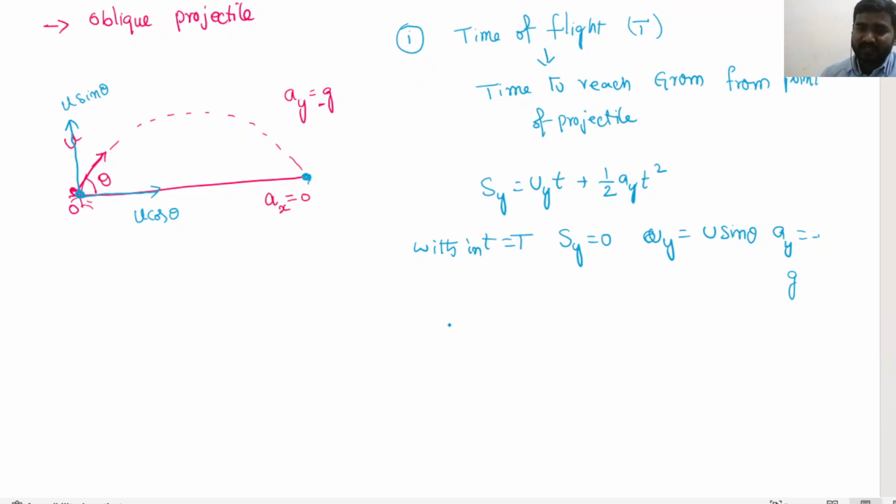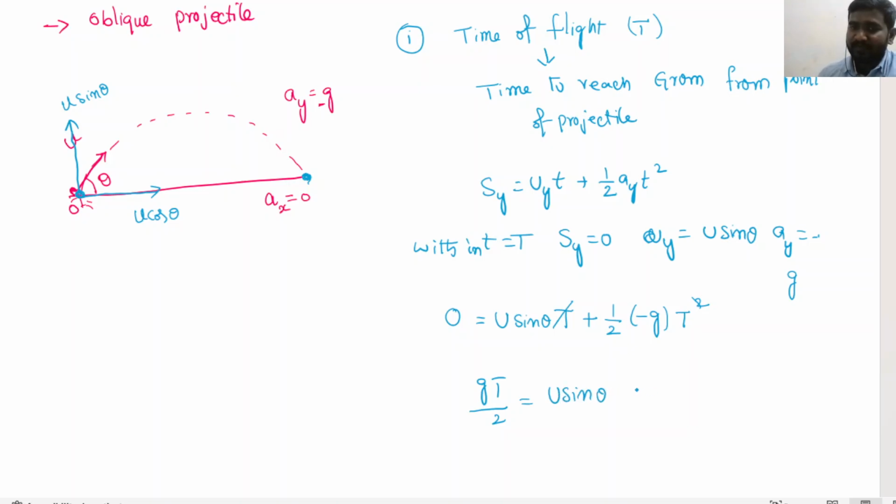Substituting these values in this equation: Sy equal to 0, that equals u sin theta times capital T plus half times minus g times capital T square, where t square and t get cancelled. Therefore, g times T divided by 2 must equal u sin theta.